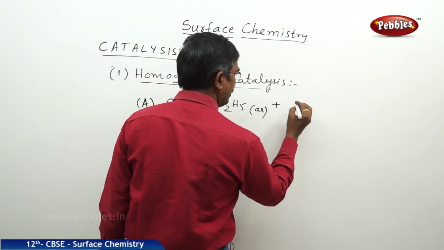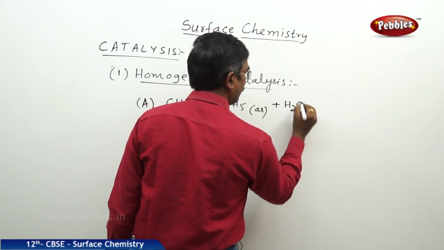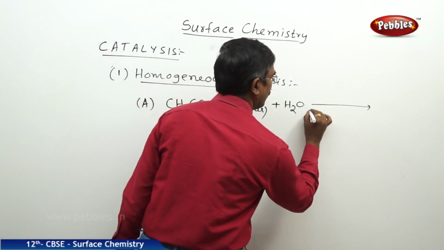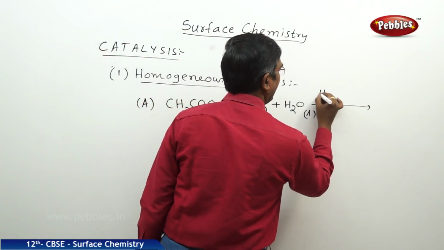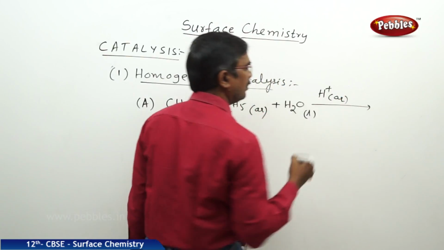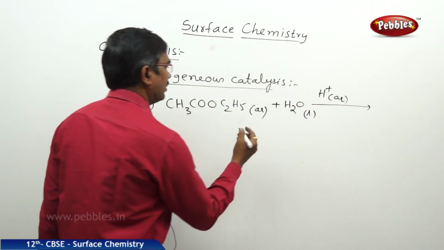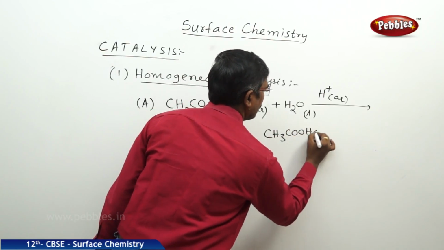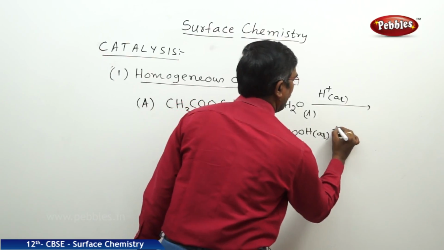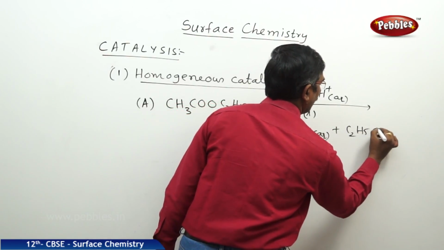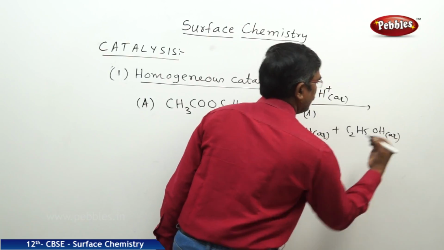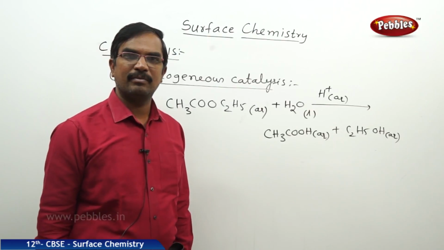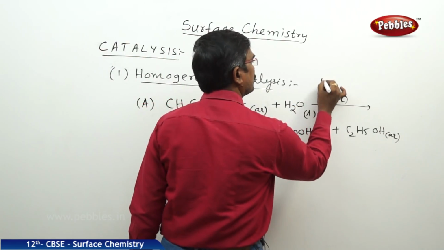The hydrolysis reaction with water, which is a liquid, and H+ in aqueous medium. The products will be acetic acid and alcohol, C2H5OH, which is ethyl alcohol. So if you see, all are present in the same physical state. So here H+ is the catalyst.